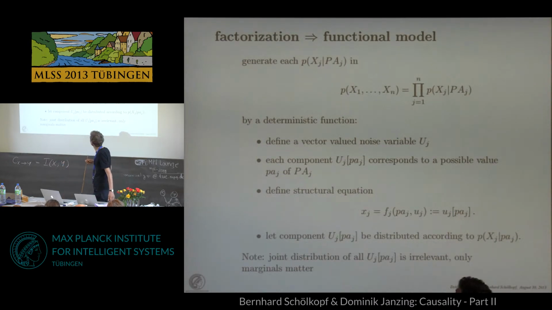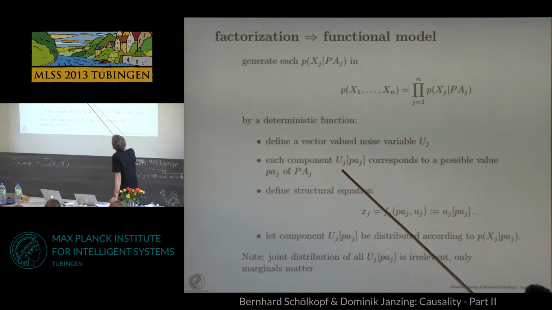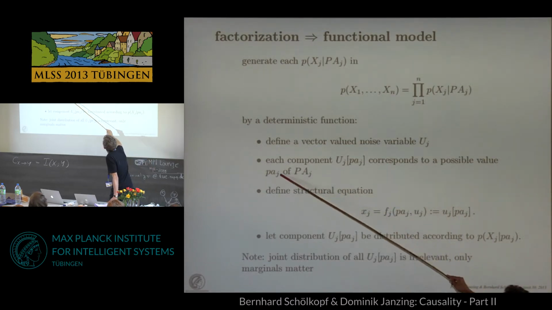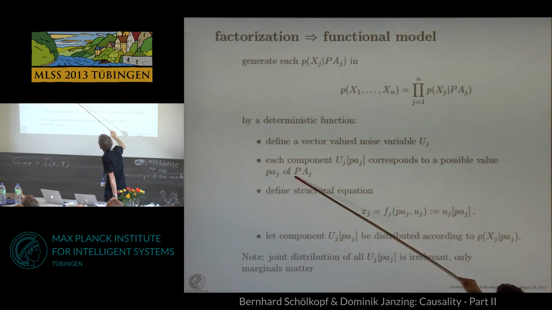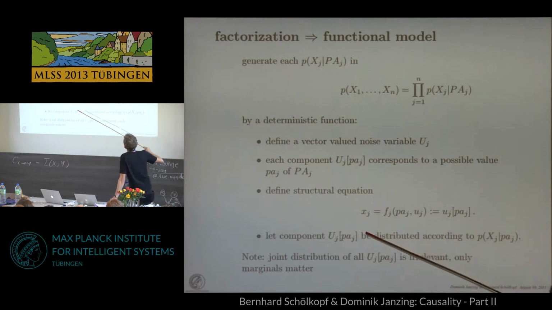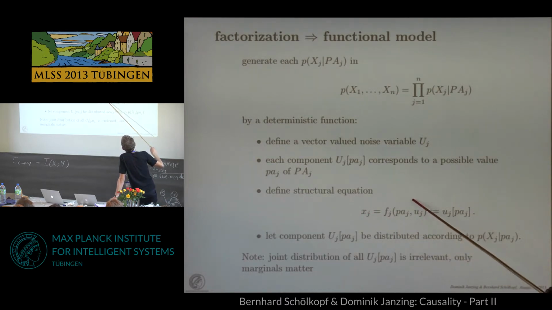So we define a vector-valued noise variable where each component corresponds to a possible value of the parents. So of course, if you have many parents, then this is a lot of components, but never mind. Then the structural equation just reads, evaluate the corresponding component.